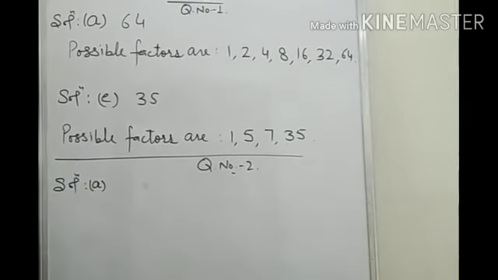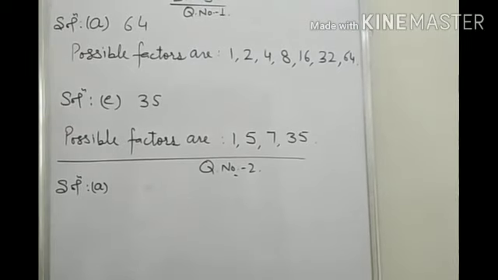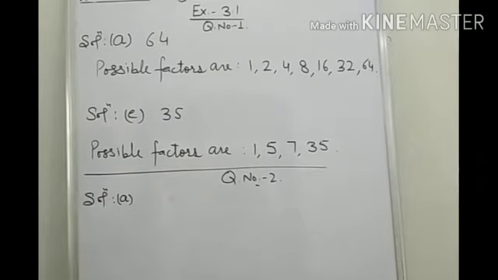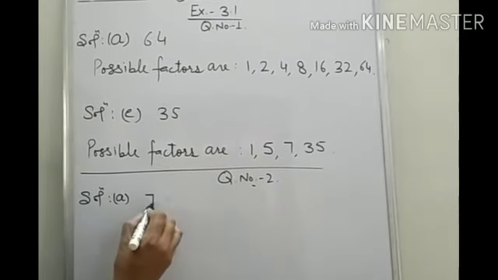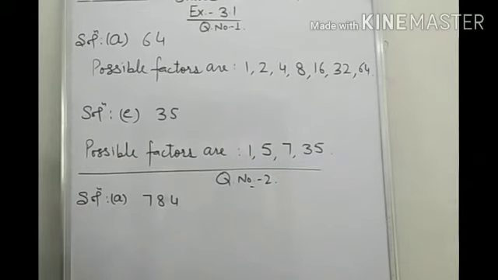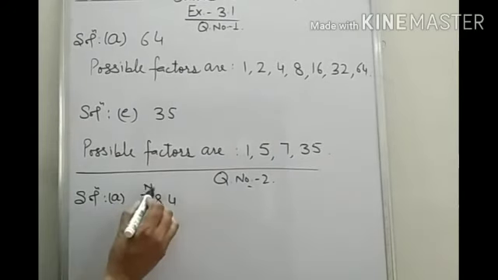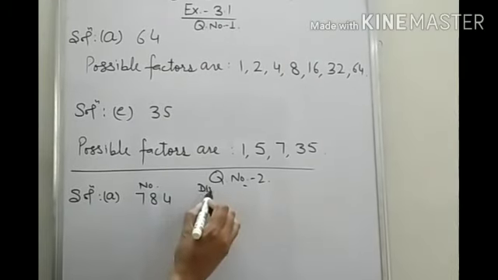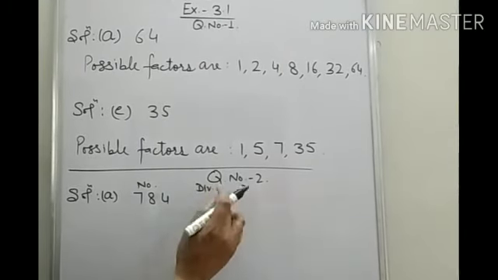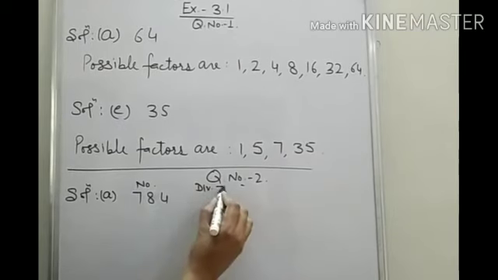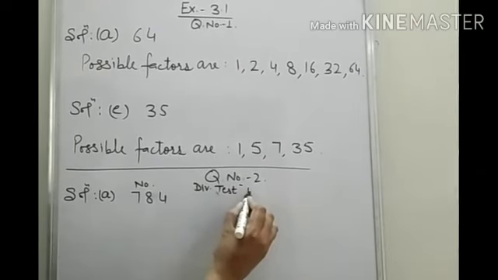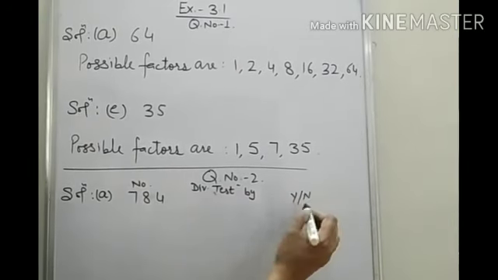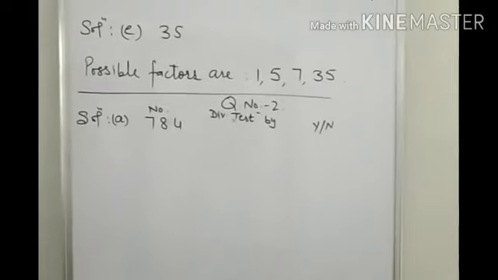What you have been given is: complete the table below and write y for yes and n for no. In part A the number you have is 784, and here you do the divisibility test by, and here you have to write yes or no. In this way you have to fill the table.